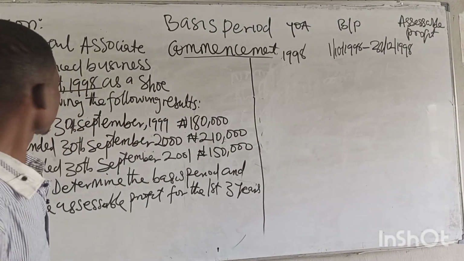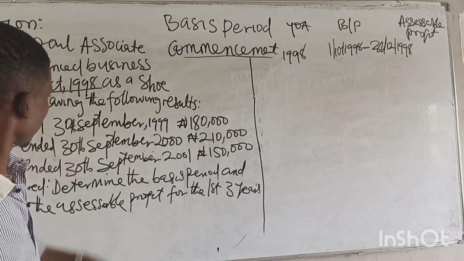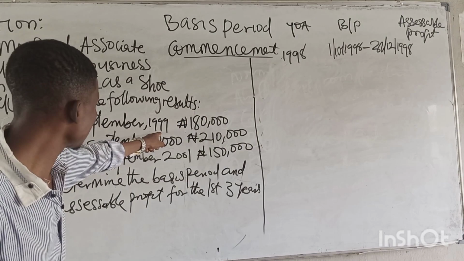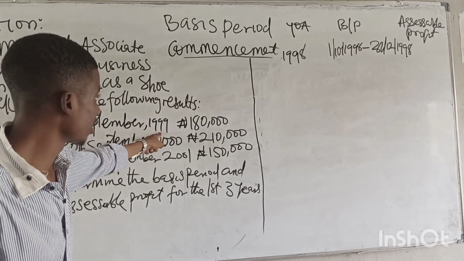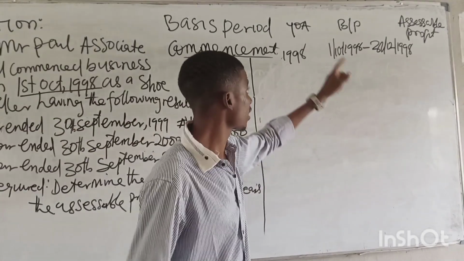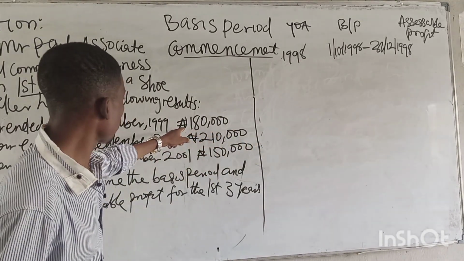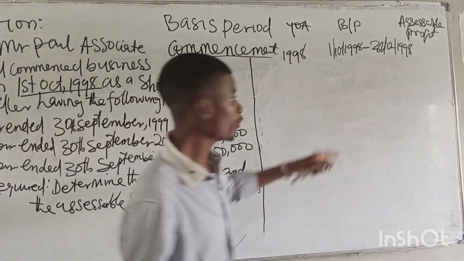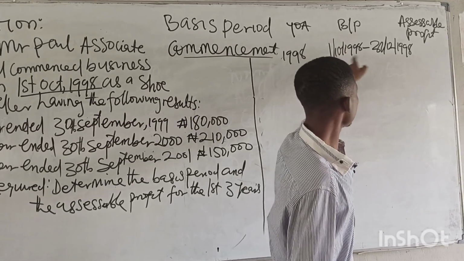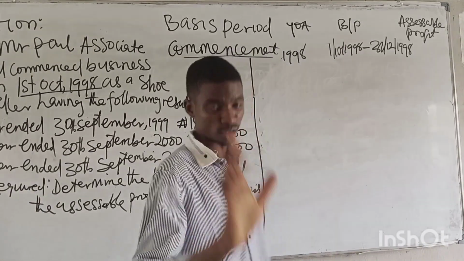And if you look at the question, there is no 1998. We only have 1999. There is no assessable profit for 1998. But what we are going to do is that if you count from October to December, you are going to have 3 months.